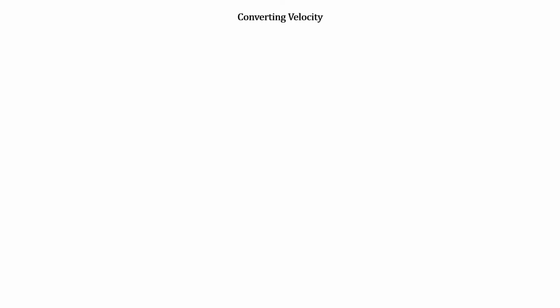Second, the angular velocity needs to be converted from revolutions per minute into radians per second. The symbol for radians per second is the lowercase Greek letter omega, which looks like a W. To convert RPM to radians per second, we use the following formula: 2 times pi times n over 60, where n is the speed in RPM.